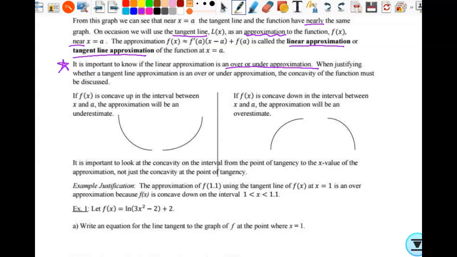Okay, well, there we go. So if f of x is concave up, do we understand how this looks like concave up? All right, so if we have a tangent line, so I'm going to draw tangent lines here. So if I have a point here, I have a point here and here.